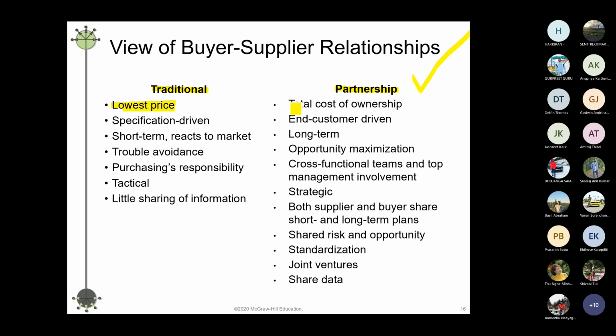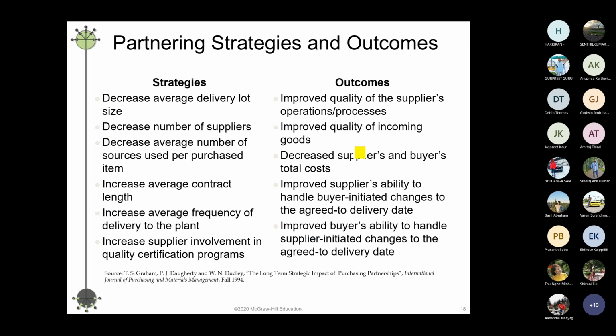Now you consider the lowest total cost of ownership. Okay, so not only the purchasing price, but also the other prices as well, and other detailed things. What is the impact of some strategies that you make on your relationship with suppliers, and what are the benefits for both of you?